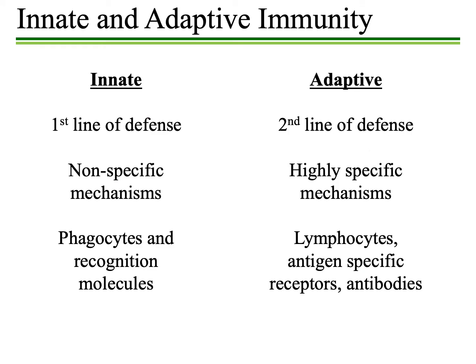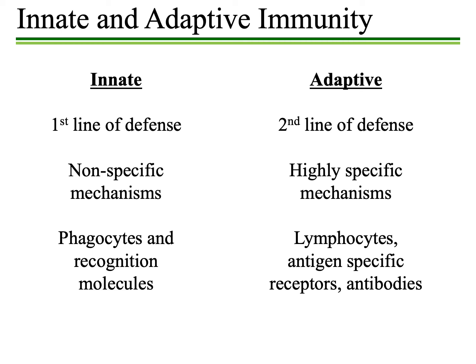Now I want to quickly review things that we discussed in previous lectures, and that is the two main branches of the immune system or the immune response, known as the innate immune response and the adaptive immune response. Hopefully you recall, the innate immune response is the first line of defense, and includes non-specific mechanisms for identification of pathogens, typically referred to as patterns that can be identified.